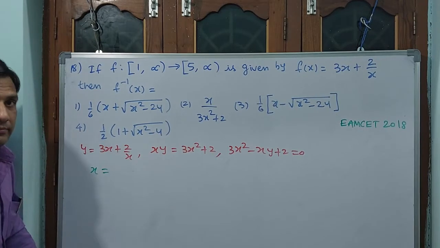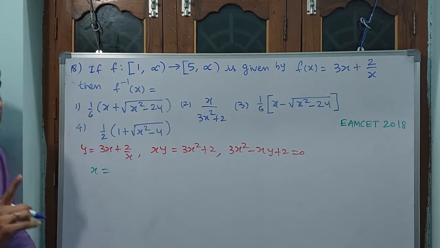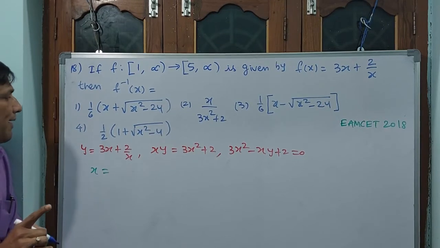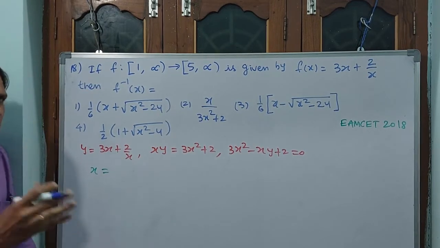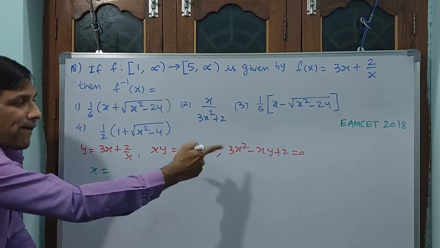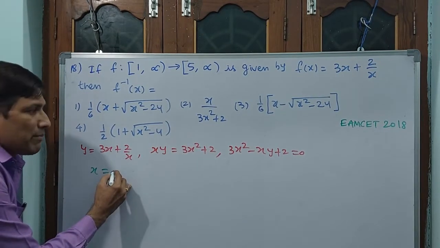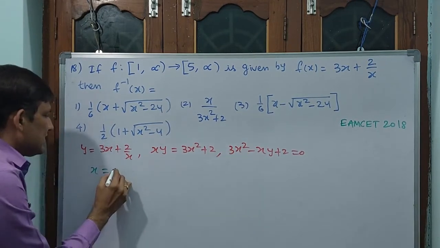x is equal to. See, what I am doing, you observe carefully what is coming. x equals minus b. Minus b means minus of minus, plus y.